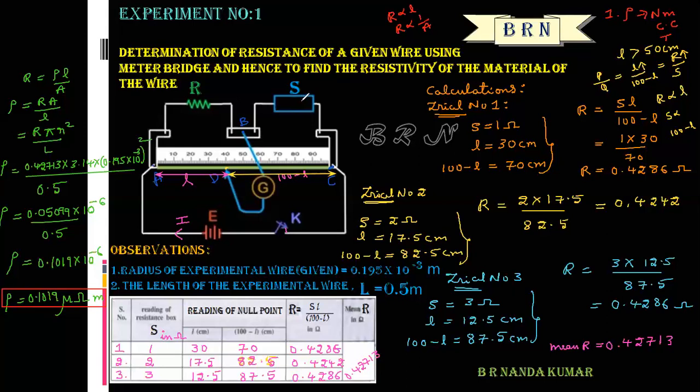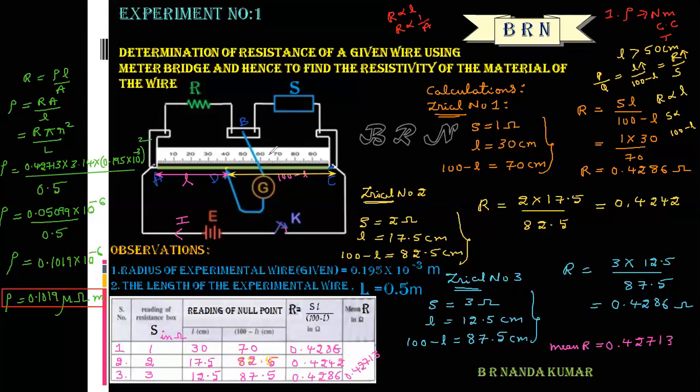This is also a very important question. Actually, in this case, the galvanometer does not show any deflection. The known resistance in the right gap of the meter bridge is kept 0 ohm. So what will be the deflection in the galvanometer? There is no deflection. Galvanometer does not show any deflection.